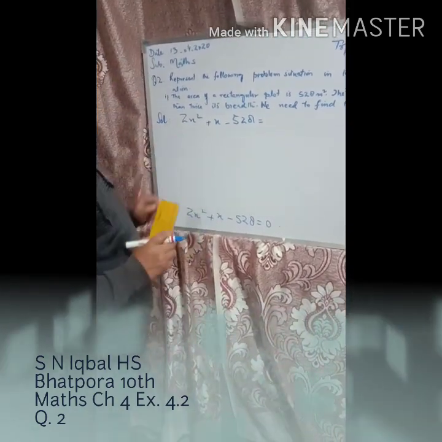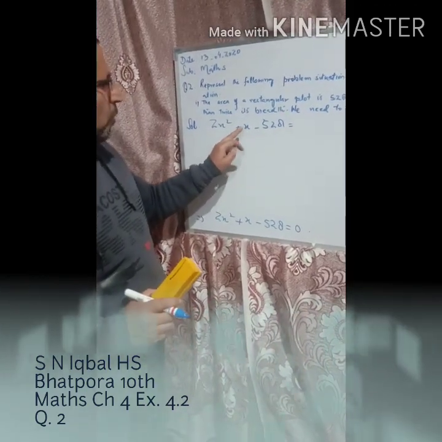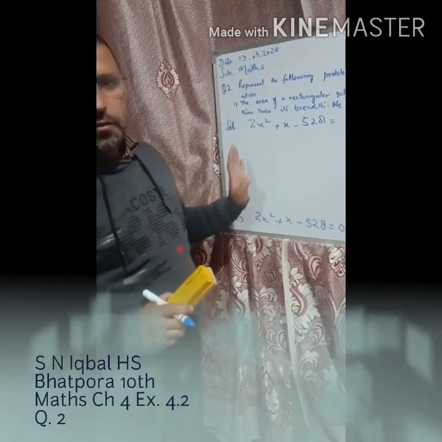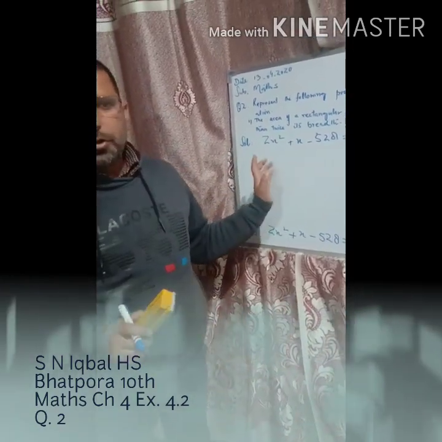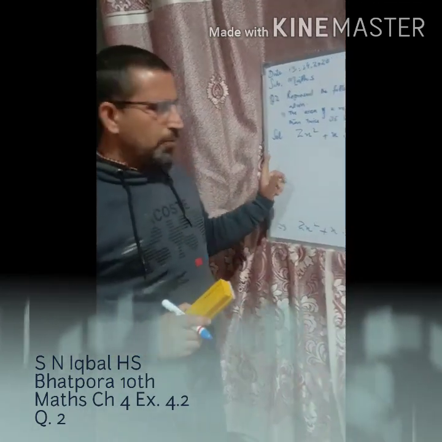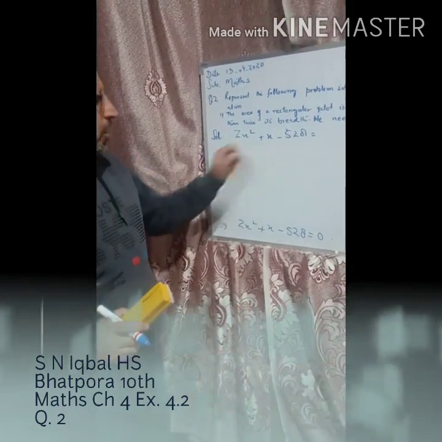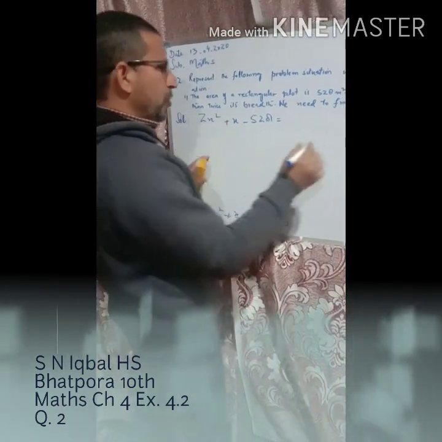In order to solve this equation for x, we have different methods like the factorization method, by completing the square, and by using the quadratic formula. Another method is the graphing method, but we will solve this equation by means of the factorization method.